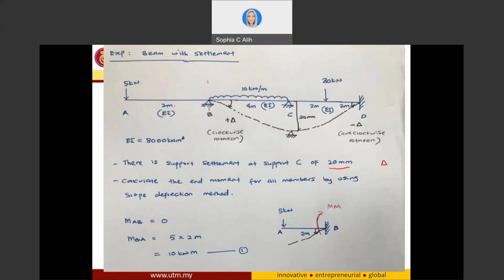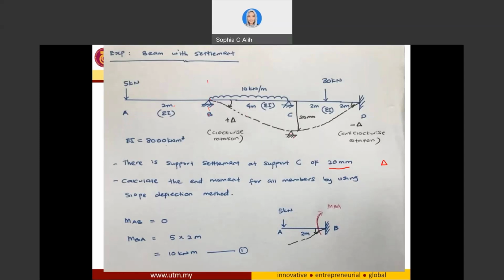Only the parts for member BC and member CD are going to have any changes. And in order to see the effect of the settlement, you need to first determine the orientation, or the positive or negative sign, of your delta. So for BC, how are you going to look into it?